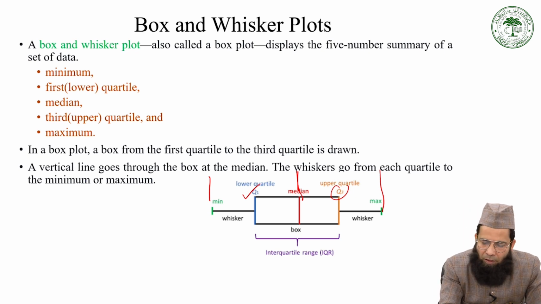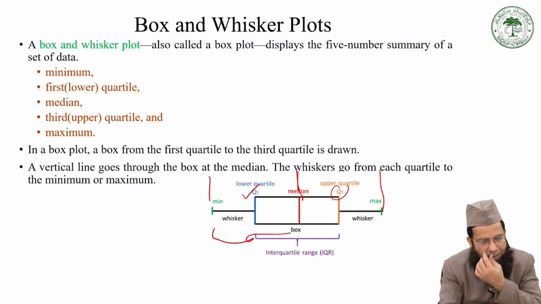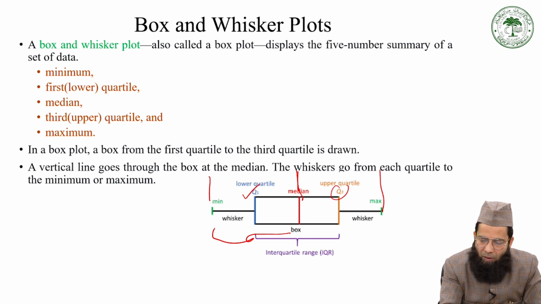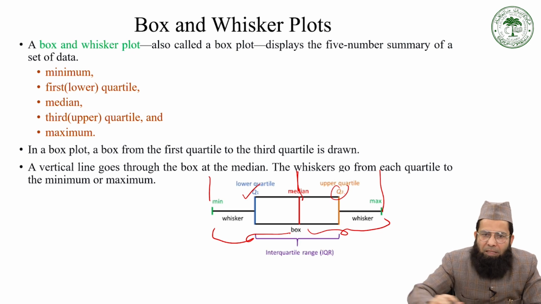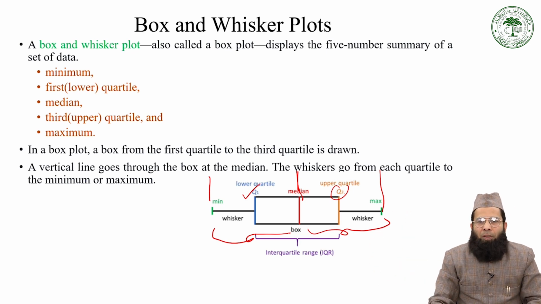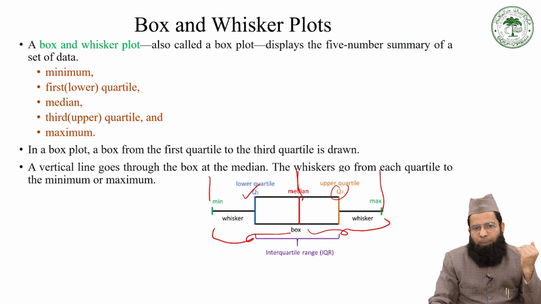So Q1 is the median of the left half of the data set, and Q3 is the median of the right half, if your data set is in sorted form. We can call it the upper half of the data set.